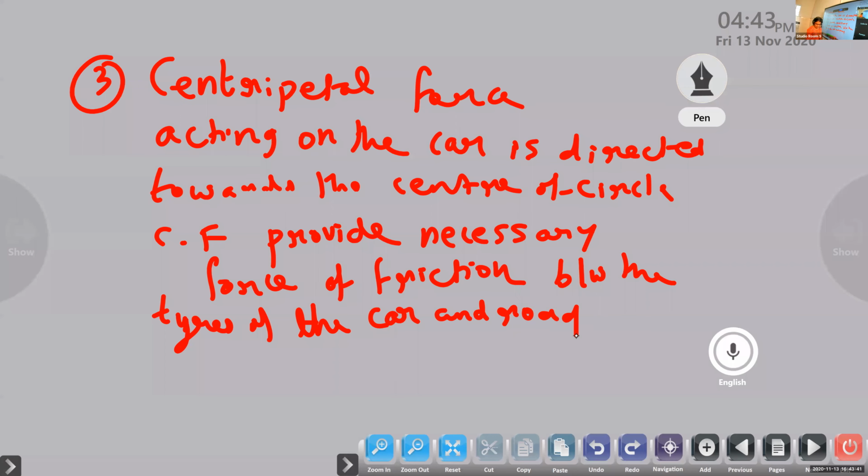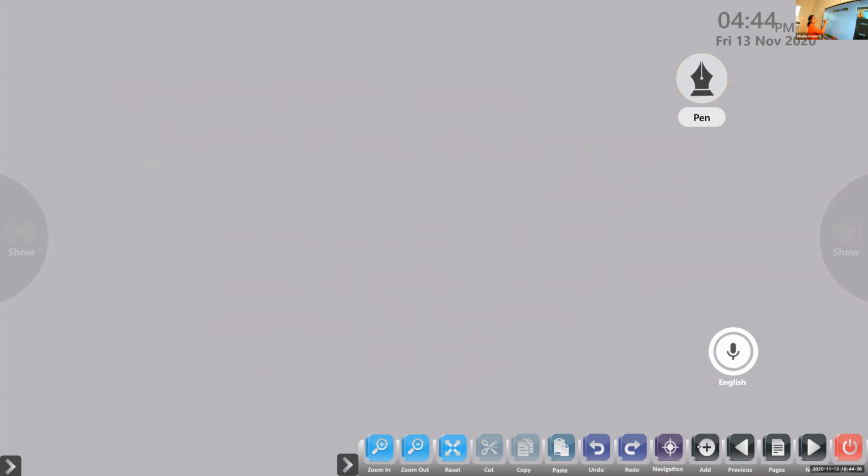Thus we can write that the force of friction, Fs, is equal to mv squared by r, the centripetal force. Instead of Fs, we can write mu_s R is equal to mv squared by r.